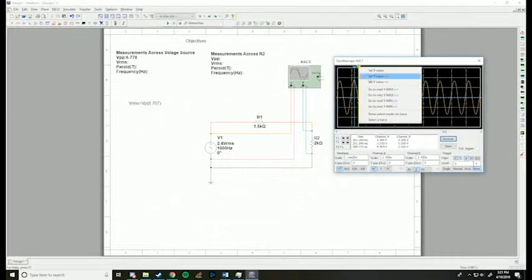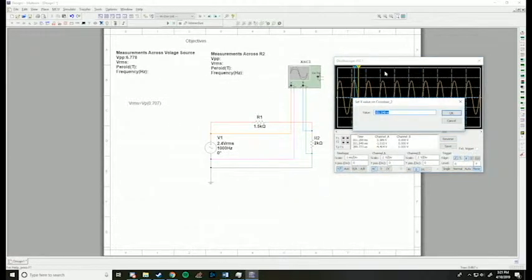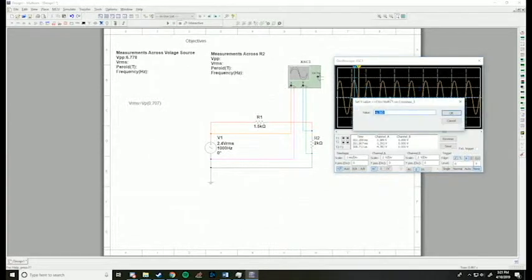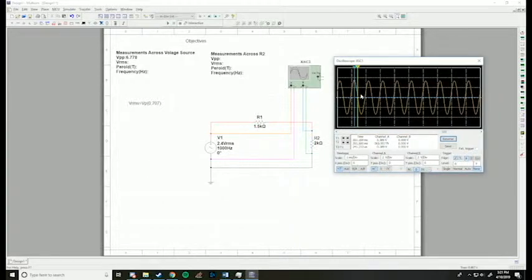So we're going to set the Y value this way to 0. There we go. That puts it at 0. So our VP is 3.389 volts. So let's edit this. So we have 3.389 volts.